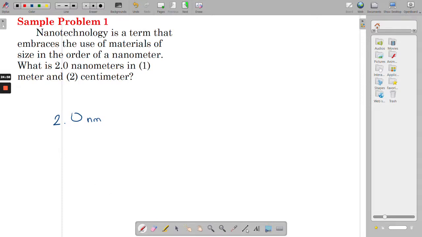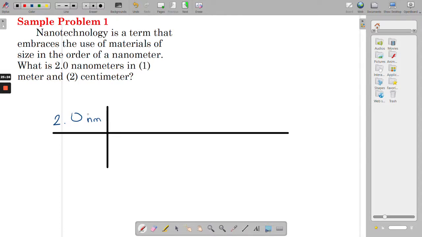And this is the technique that I use in order for me to easily answer these conversion units. So what I do is I first write the original unit, and I create a straight line. And after I created a straight line, I proceed with the conversion.